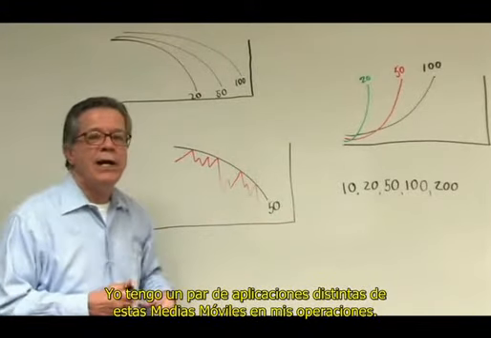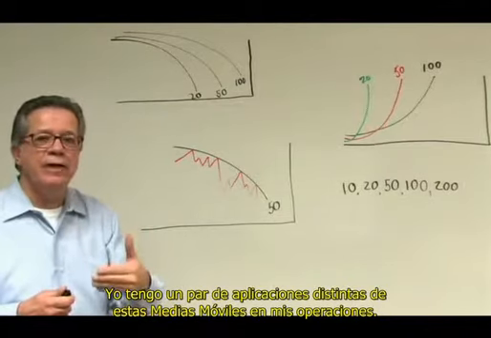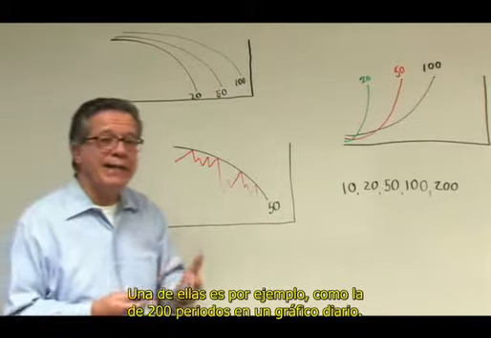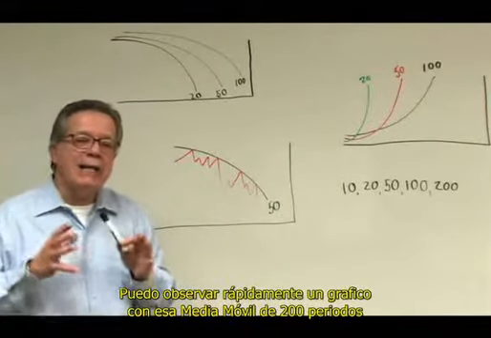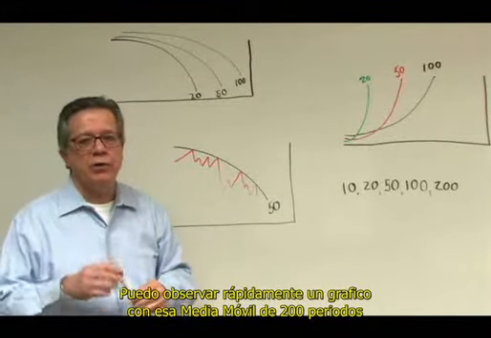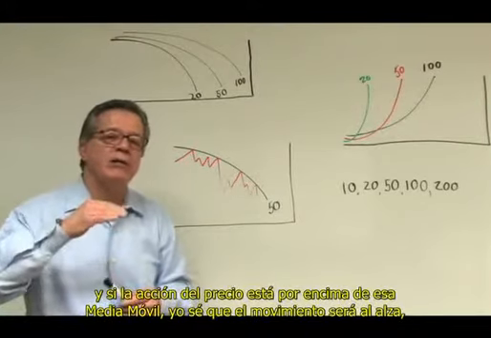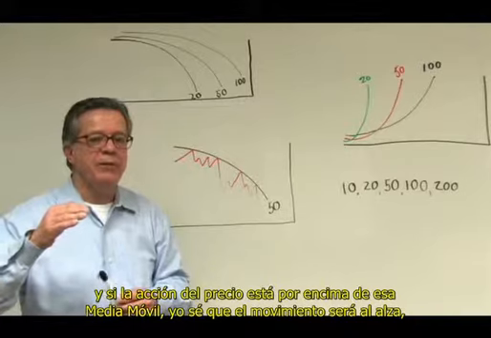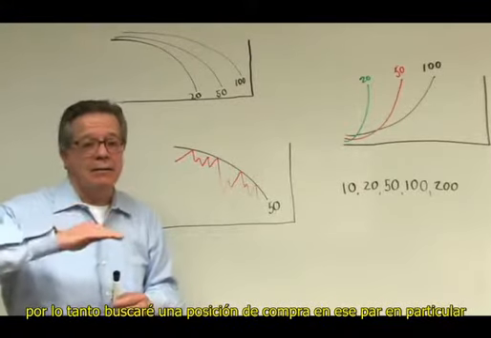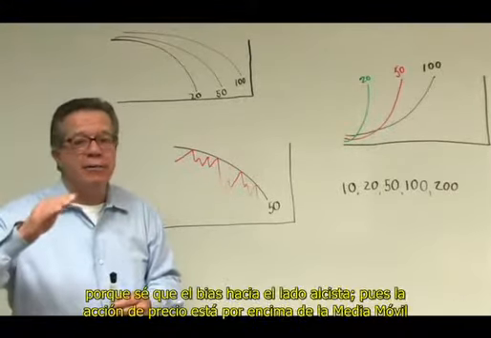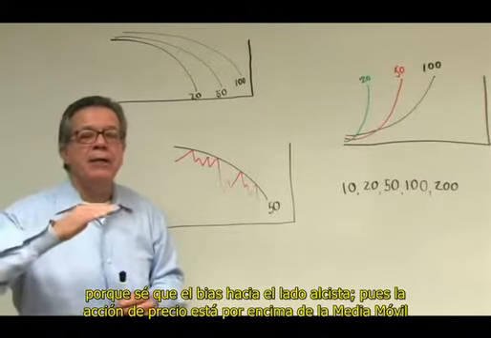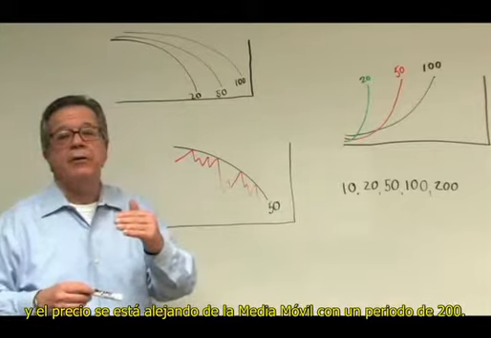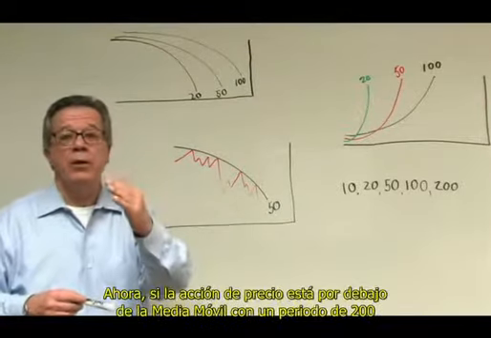Now, there's a couple different ways that I employ the moving averages in my trading. One is like the 200-period moving average on the daily chart, for example. I can look very quickly at a chart with that 200-period moving average on it, and if price action is above that moving average and pulling away from it, I know that the move is to the upside, and I'm going to be very bullish on that particular pair because the bias is definitely to the upside as price action is above the 200-period moving average and pulling away from it.